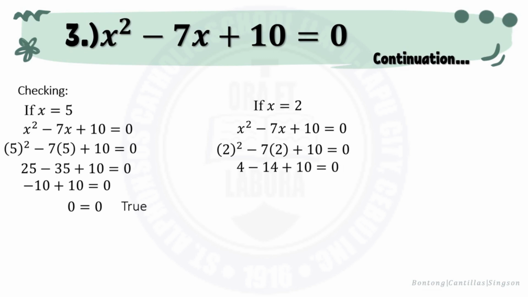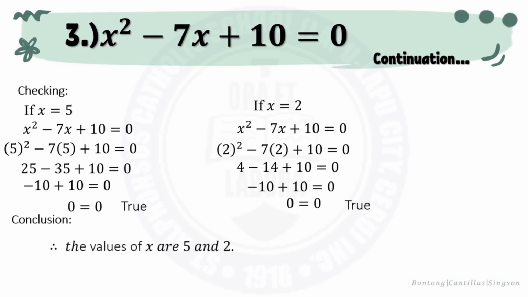Then copy 10. Again, PEMDAS. So 4 minus 14, that's negative 10. Then copy plus 10. Simplify this one. 0 equals 0. And that is true. For the conclusion, therefore, the values of x are 5 and 2.